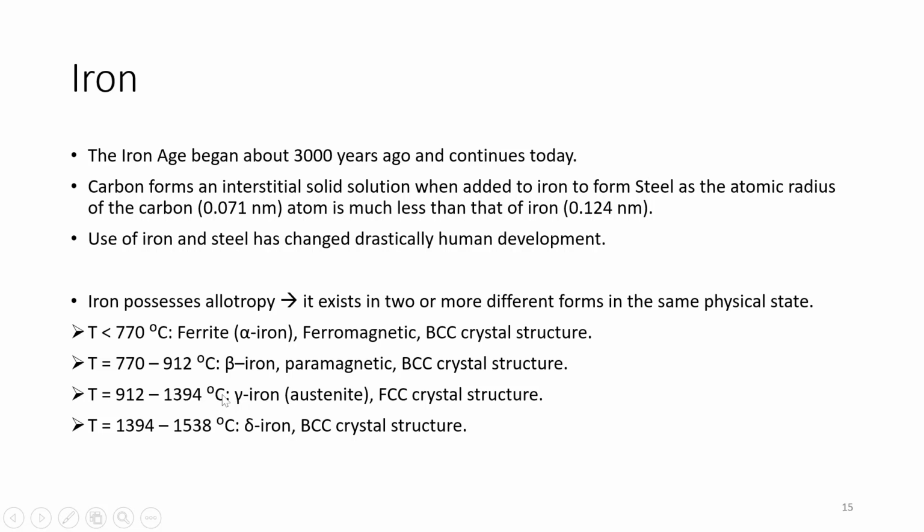If you add some other elements, this temperature comes down to room temperature. Even if you add a lot of nickel to this iron, then this gamma type of structure will be stable even at room temperature. So this way you can get FCC structure at room temperature also. Okay, ma'am, clear. Okay.